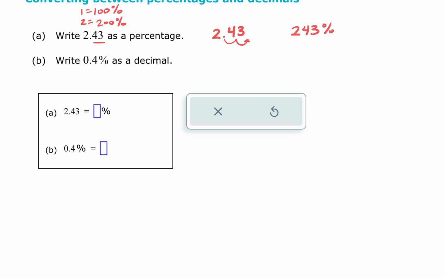Our next one is 0.4%, and we're wanting to change it to a decimal. So this really is equal to 0.4 divided by 100, because the percent symbol means we are dividing by 100. So with 0.4 divided by 100, we are going to appear to shift the decimal 1, 2 places to the left. We need to fill in a 0 there. So our answer is going to be 0.004.